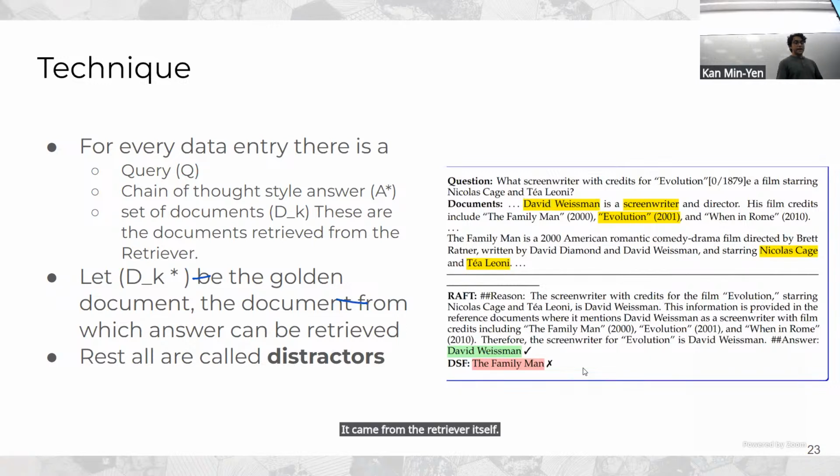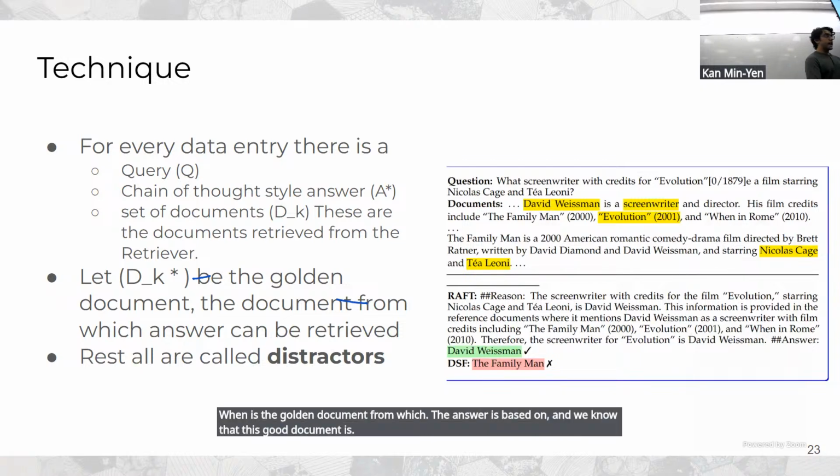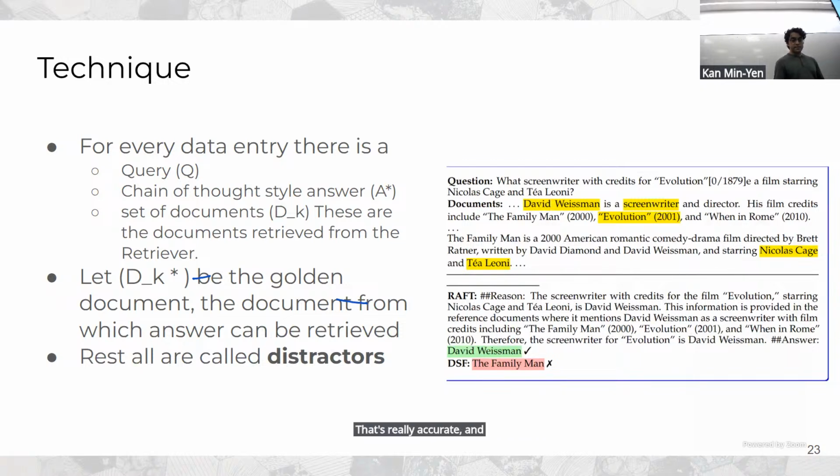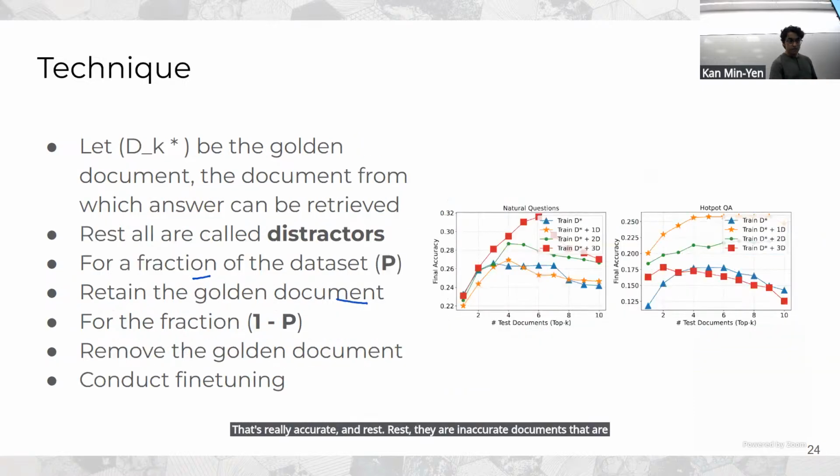Now for every entry, there are two kinds of documents present. One is the golden document from which the answer is based, and we know that this golden document is factually accurate, and the rest are inaccurate documents that are called distractors.